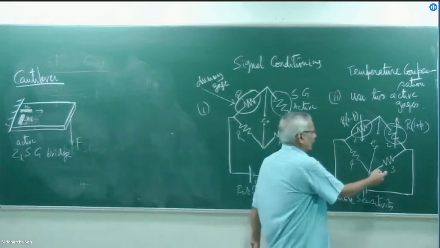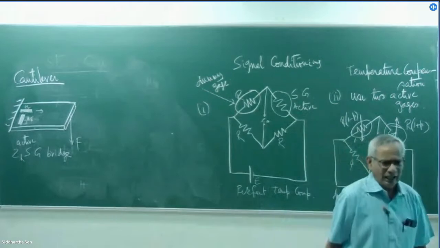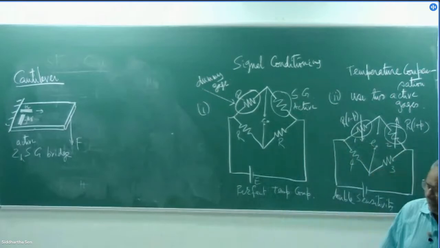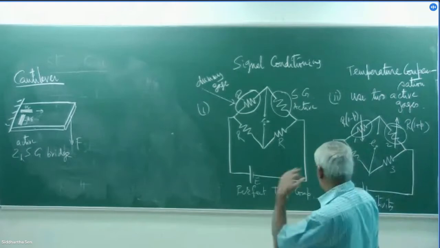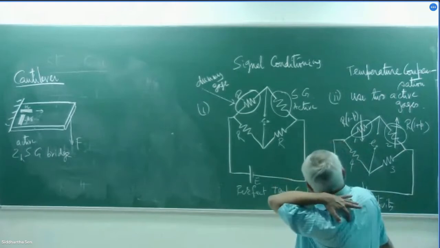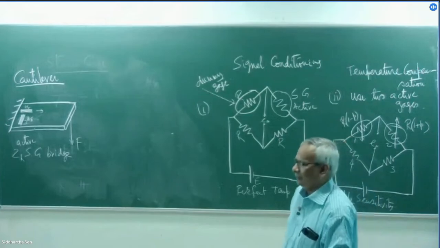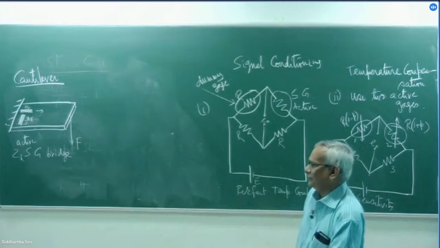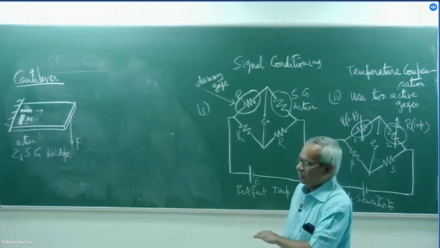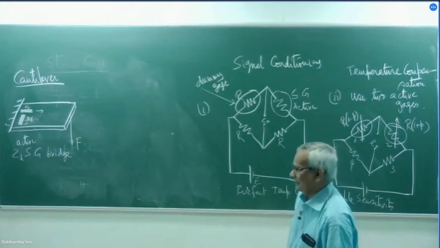That means I connect these two, the 3 and 4, as active and identical strain gauges. The only thing we have to see is that they are connected in such a way that the positive strains are in opposite arms and the negative strains are also in opposite arms, and positive and negative are in adjacent arms.